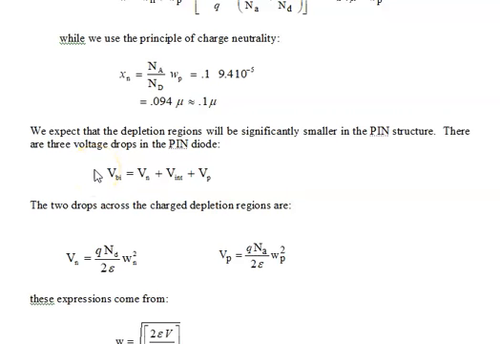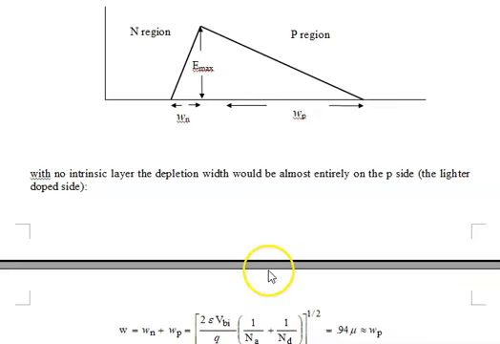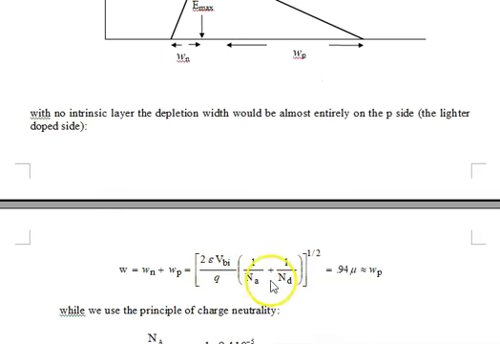Now, if we do have an intrinsic, let's go back to the PIN. We have this 0.66 volts, which is the total barrier, which is dropped across 3 regions: the N region, the intrinsic, and the P regions. Okay, so we can express these drops across the N region and the P region by going back to this formula right here.